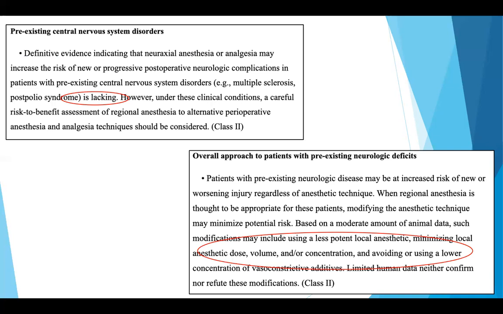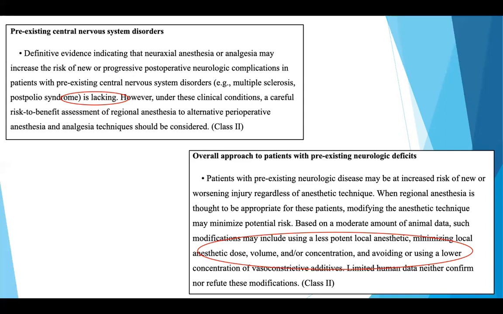When they talk about the overall approach recommended for this population, they conclude that an appropriate assessment of the patient should be performed, and we should employ the anesthetic technique that minimizes the risk of disease progression.